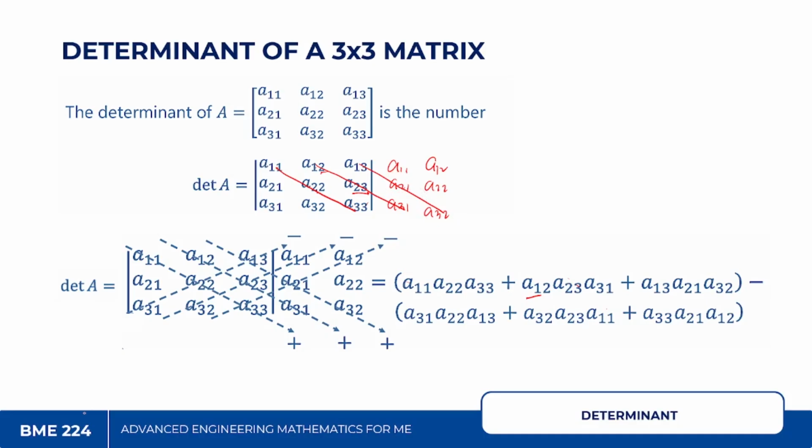And then you subtract the products of the other diagonals: A sub 3,1, A sub 2,2, A sub 1,3, plus A sub 3,2, A sub 2,3, A sub 1,1, plus A sub 3,3, A sub 2,1 times A sub 1,2. Again, you subtract all of them from the first sum of diagonals.